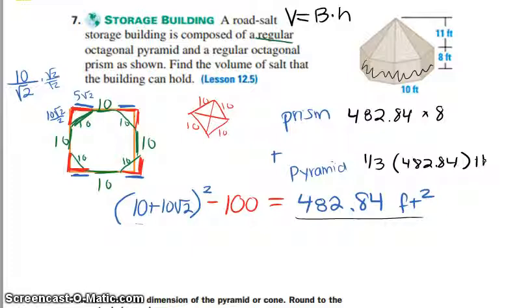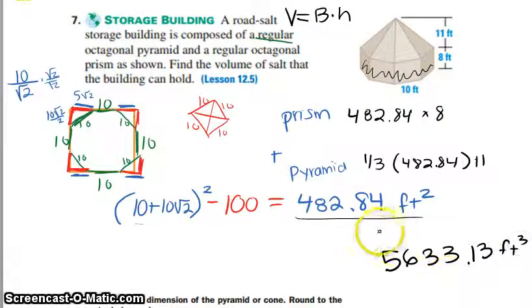So I'm just going to add those two things together. 482.84 times 8 added to 1/3 times 482.84 times 11. And I get a total volume of 5,633.13 feet cubed. All right, see video 2 for the rest of the problems.